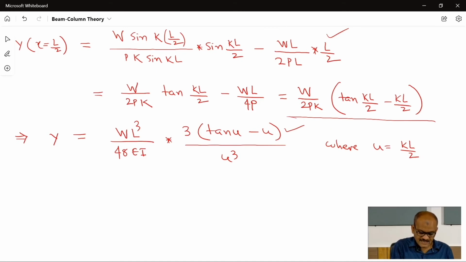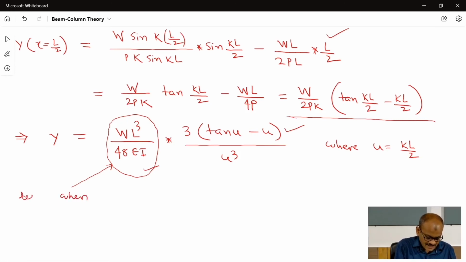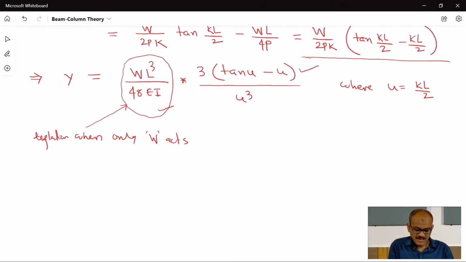We have expressed the y value in this format because this part of the expression is the deflection at the center when the beam is subjected to point load W, when only W acts, and this is the factor which amplifies the deflection.